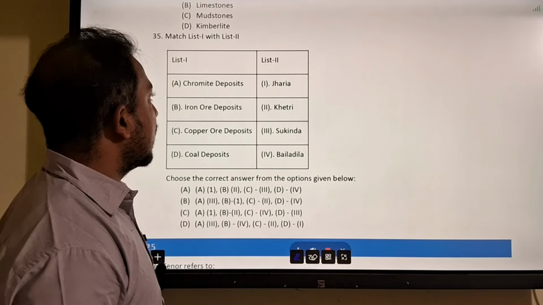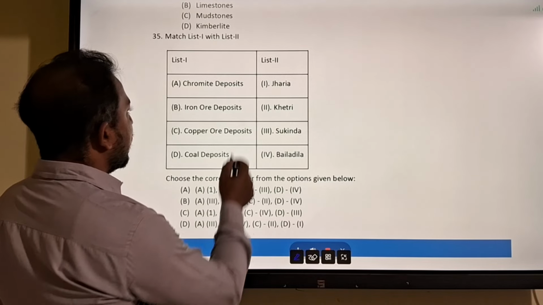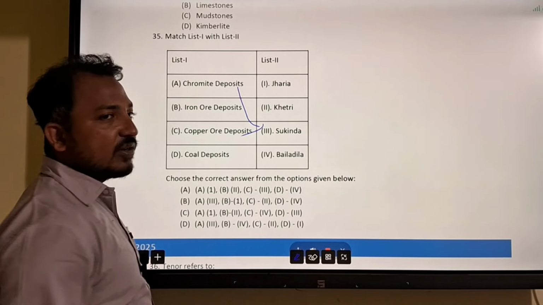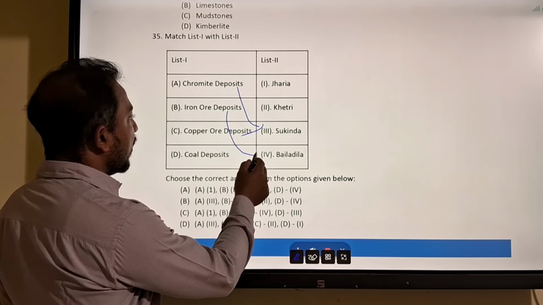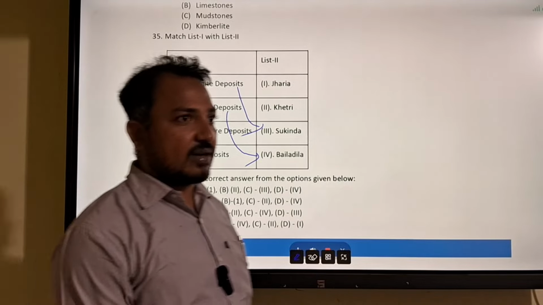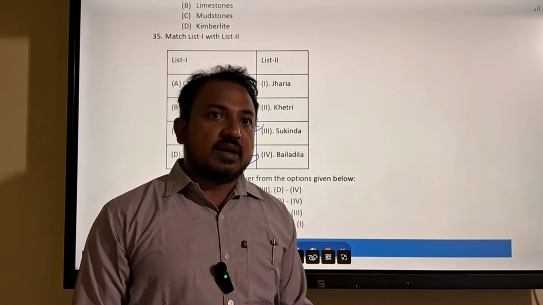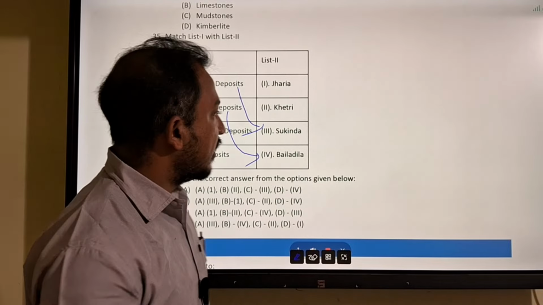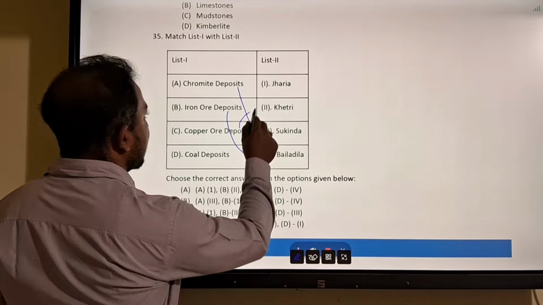Next, we have a table match. We have different deposits and their areas. Chromite deposit, our very own in Odisha, that is in Sukinda. Then iron deposit is in Bailadila, that is in Chhattisgarh. There are two deposits, one in the Bailadila region and one in the Durg region, so you will get iron deposits in the Chhattisgarh region. Copper deposit is in Khetri.